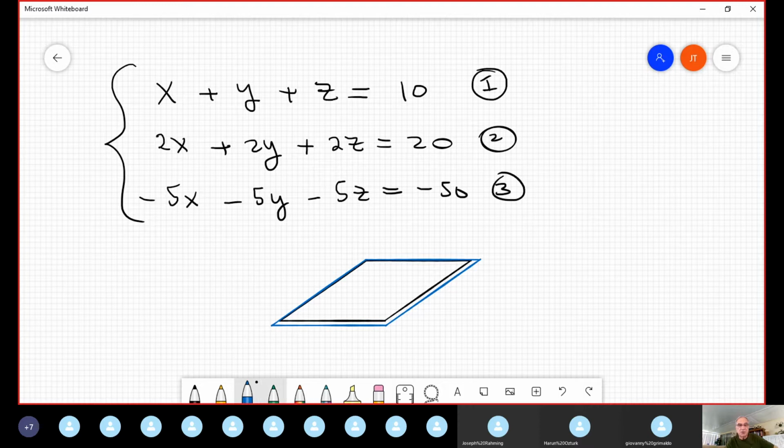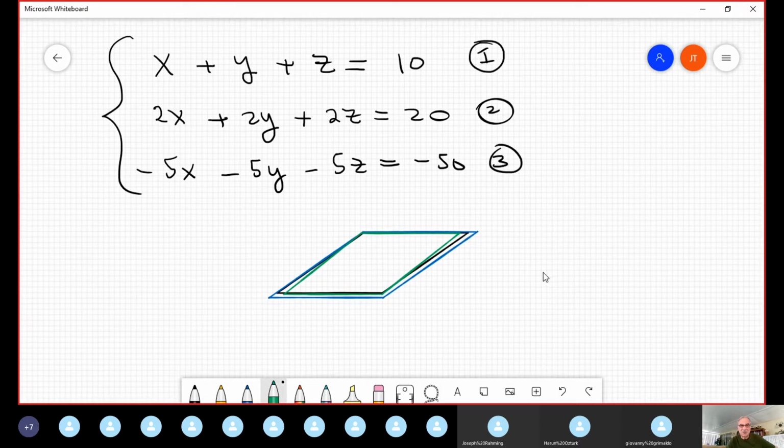Let me use another color, maybe green. We discover, too easy, I complicate my life. Actually, this system is no system, it's only one equation. It's the same plane.